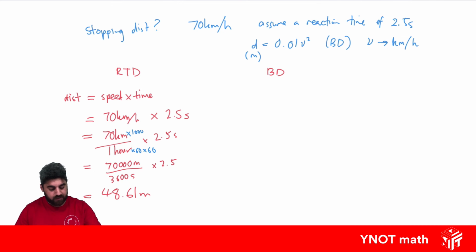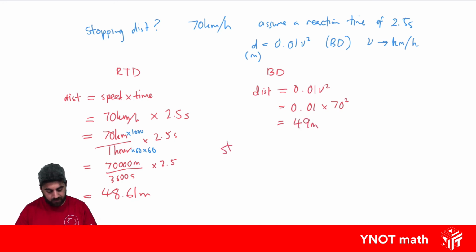Now for braking distance, we're just going to use our formula that we were given, 0.01 V squared. And our speed was in kilometers per hour, so we can just use the 70 straight away. And if we put that in the calculator, we should get 49 meters.